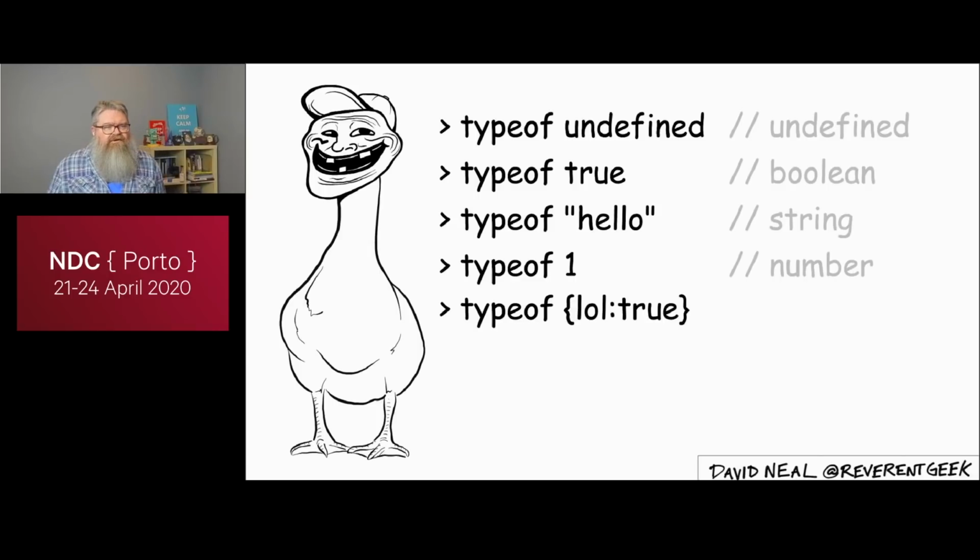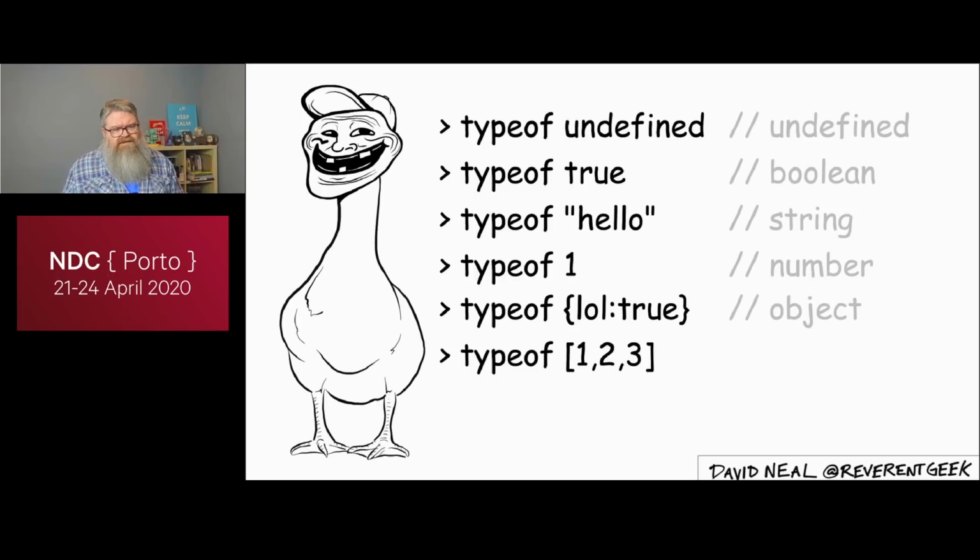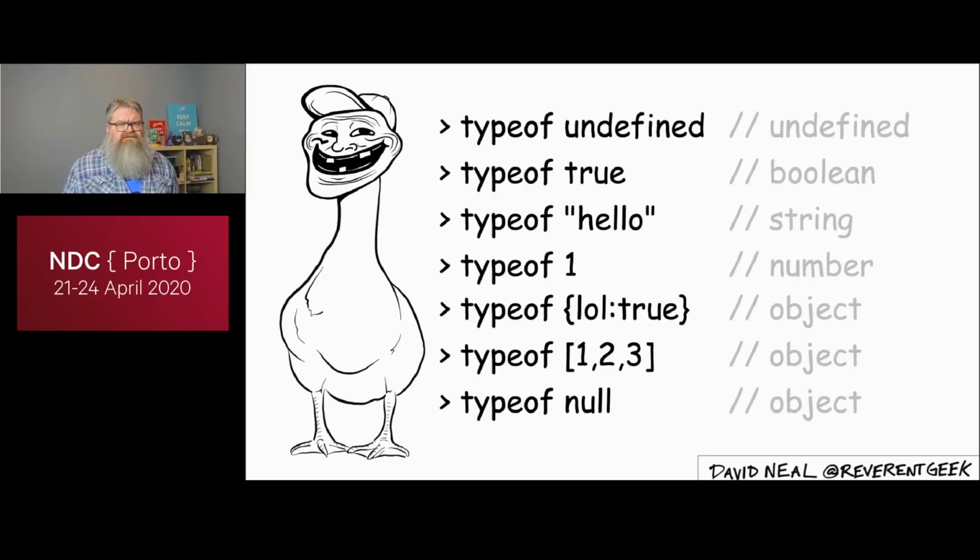Type of 1 is a number. But if we say type of an object, well, it's an object. That's great. If we say type of an array, it's an object. Type of null, it's an object.